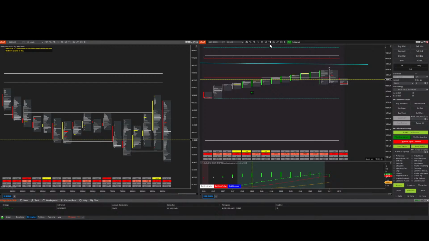Overall, for my Ichimoku, I am in a bearish. I'll go ahead and place that. Order submitted.